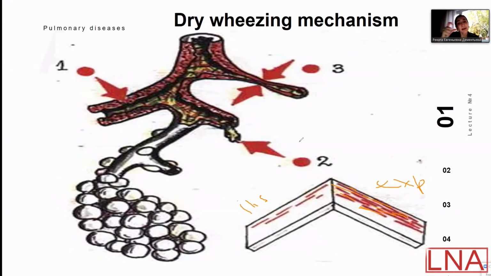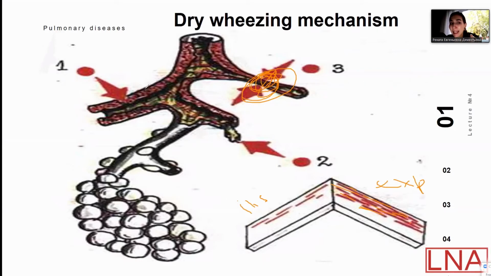So the level of bronchospasm is more significant and increases in the phase of expiration. That's why dry wheezing is more significant in the phase of expiration, but the presence of dry wheezing in the phase of inspiration is not excluded. About the mechanism of formation, first of all, spasm.